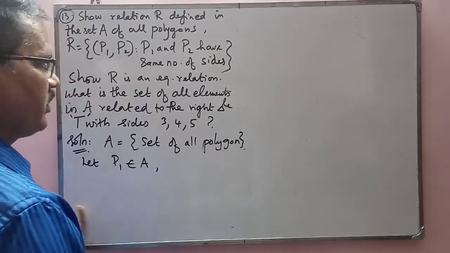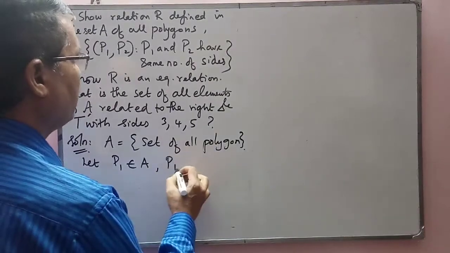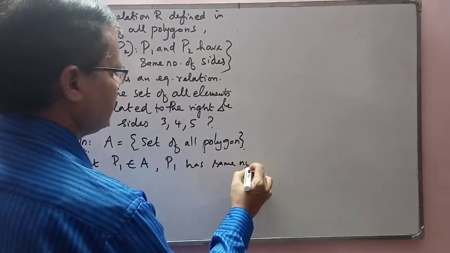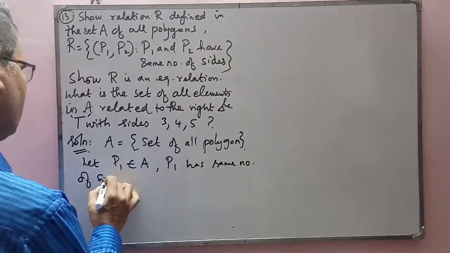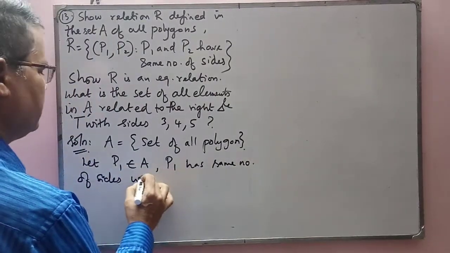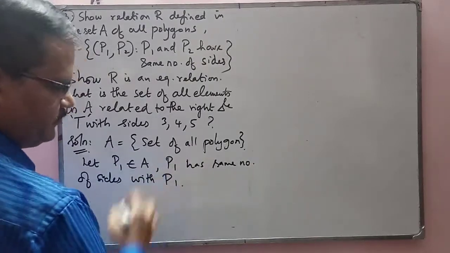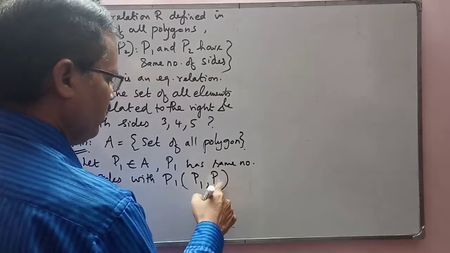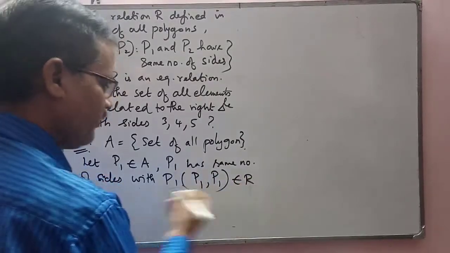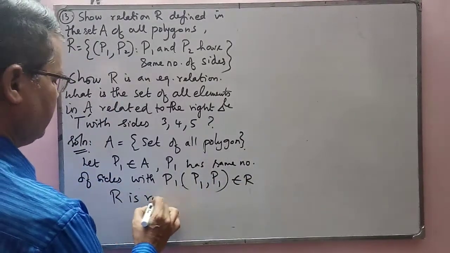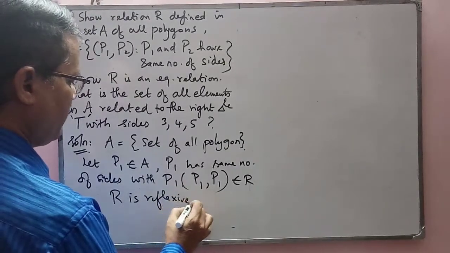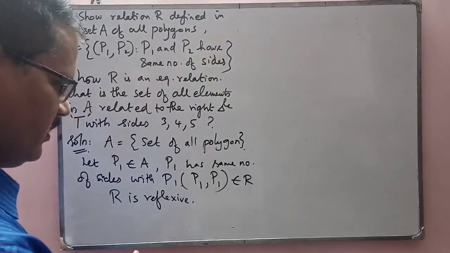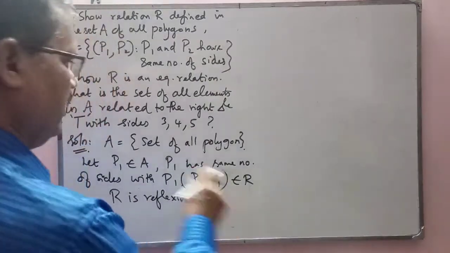Therefore P1 has the same number of sides with polygon P1, which says (P1, P1) belongs to R, because R is reflexive. So you have taken a triangle and a triangle, 3 sides. They are the same. They will be in R.